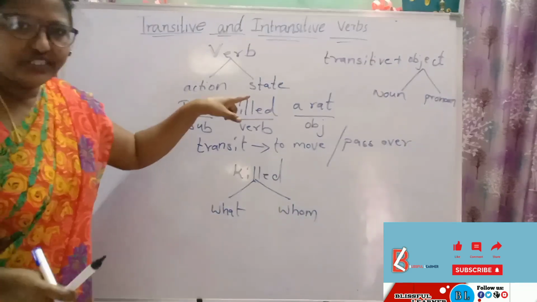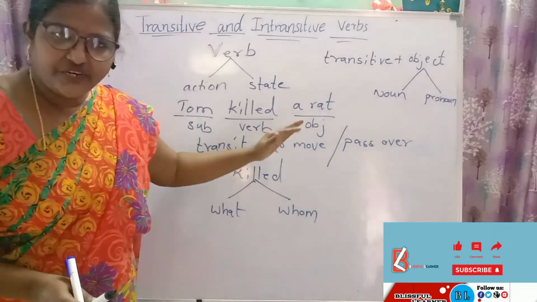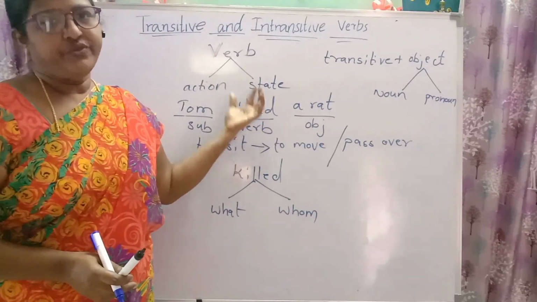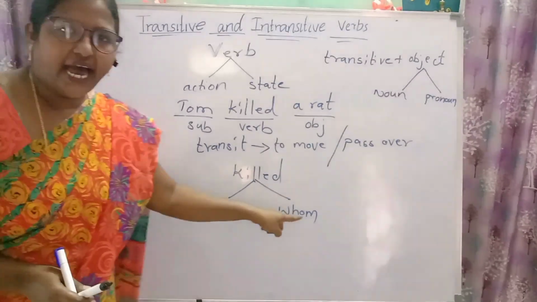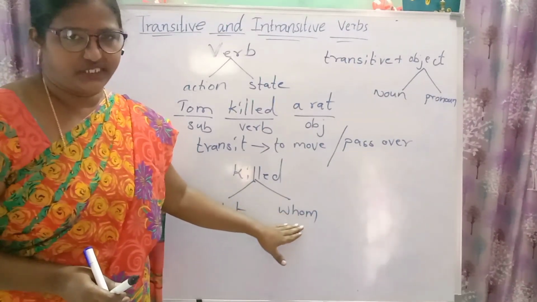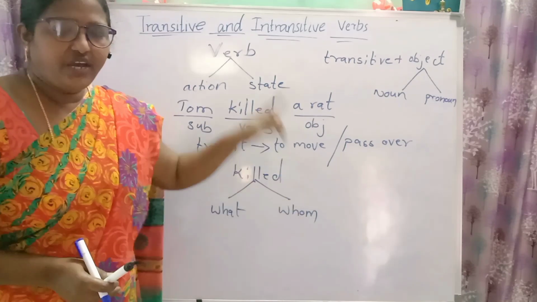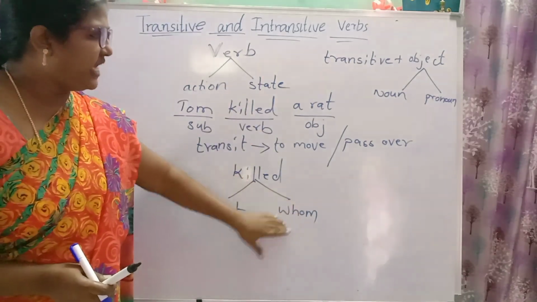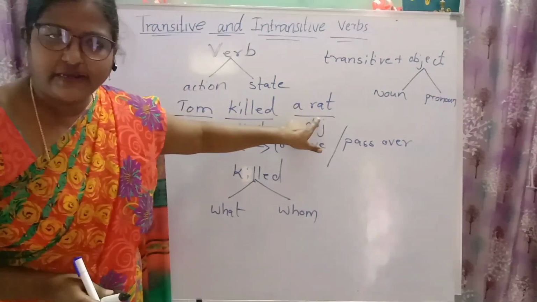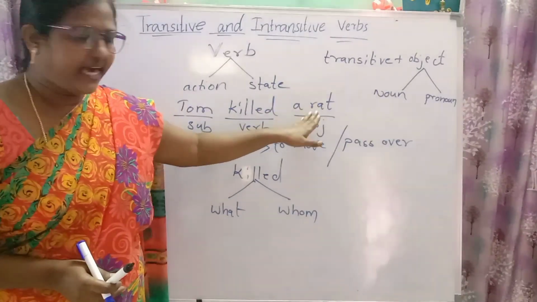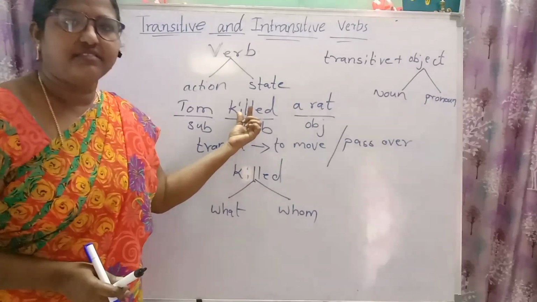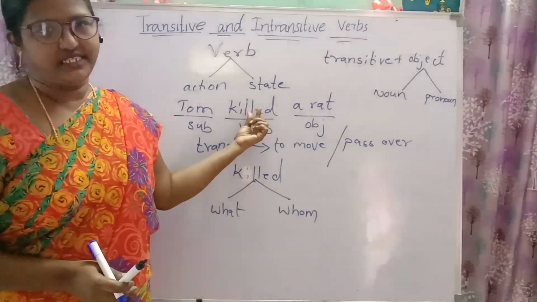Then when we question it, we have to get the answer object. When we get the answer object, then the verb in the sentence is said to be a transitive verb.